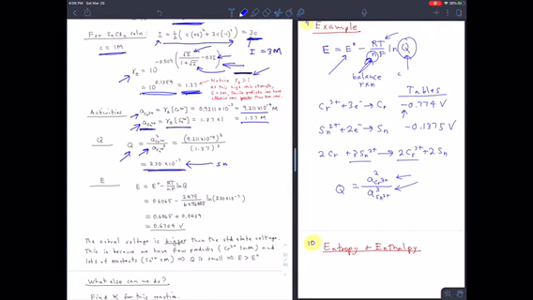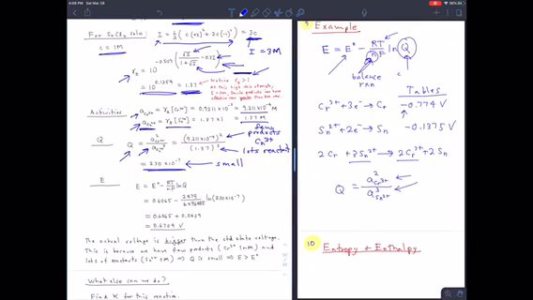Notice that it's quite a small value, and that reflects the fact that we have not very many products, which is the chromium 3+ here, and we have a lot of reactants, which is the tin 2+.